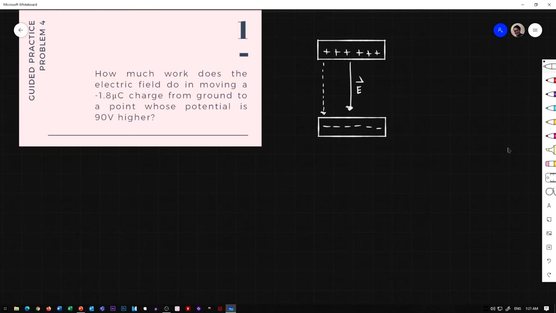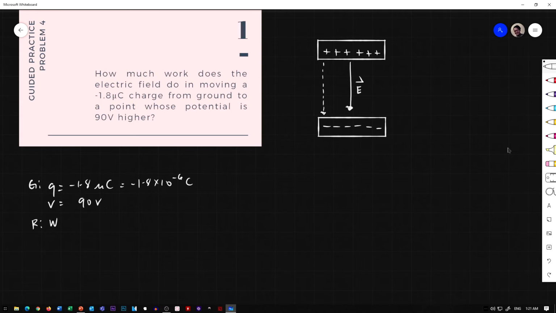Okay, something like that. How about we try to write the necessary information first. So we have a charge which is an electron. Let's place the charge, 1.8 microcoulombs, which is equal to negative 1.8 times 10 raised to negative 6 coulombs. And then we have voltage, which is of course 90 volts. Required of course is work.